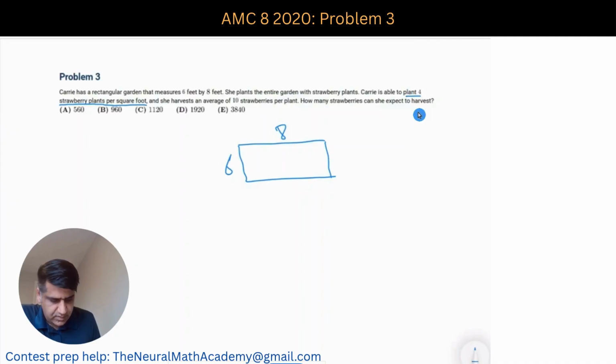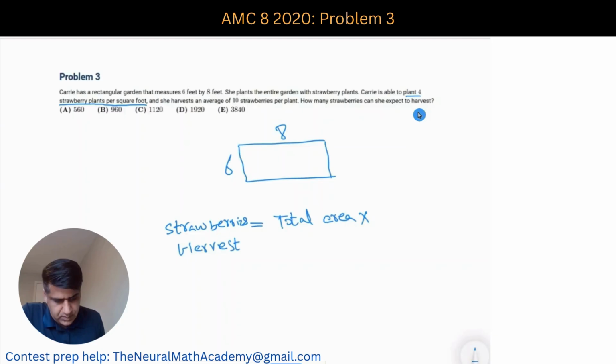So we can set it up like this: strawberries harvested equal total area multiplied by plants per square foot, and then multiplied by strawberries per plant.